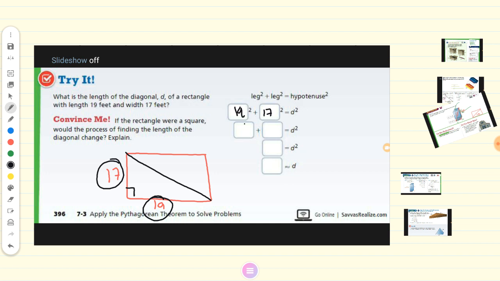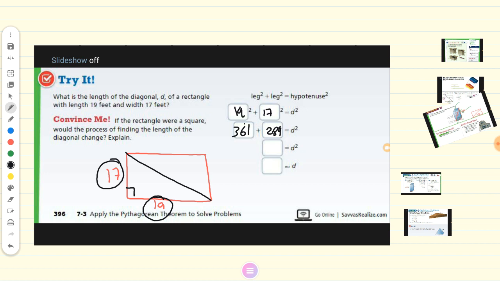to 361, and 17 to the power 2 equals 289.